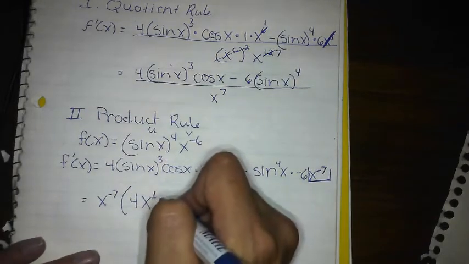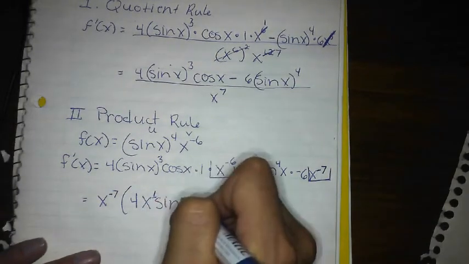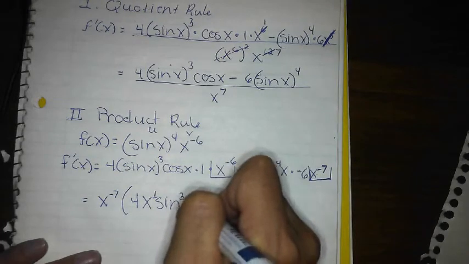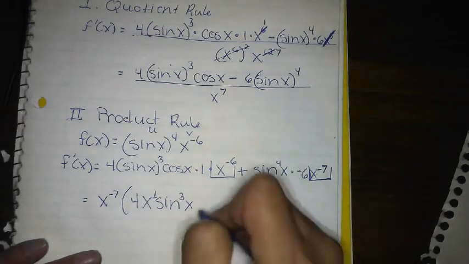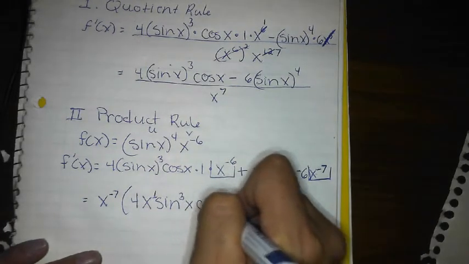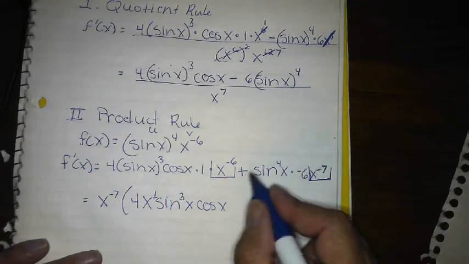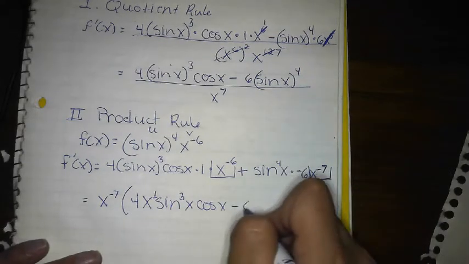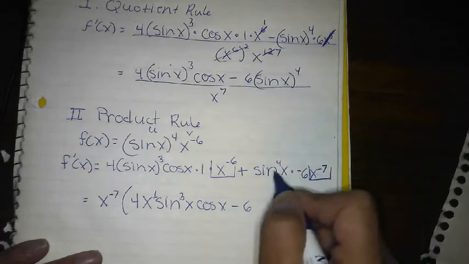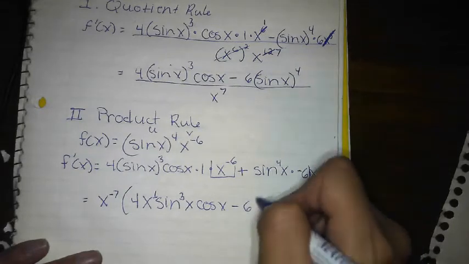Then we've got our sine cubed x. I'm just using the other notation to keep showing it. Cosine x. And here our negative 6 will float to the front. And those are all out in front, so we're only going to have the negative 6 and the sine to the 4th.